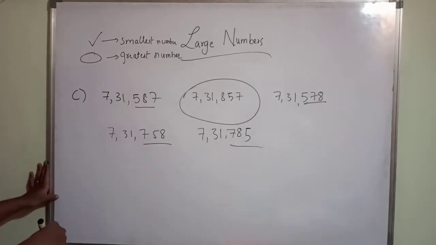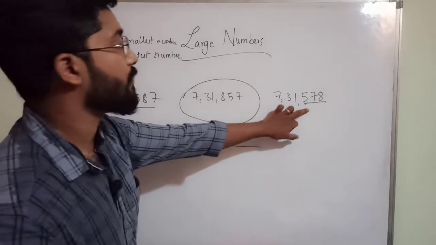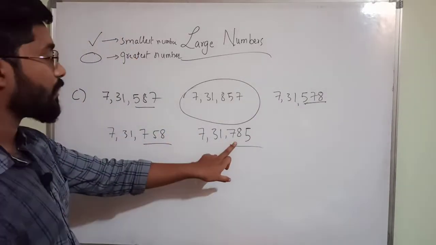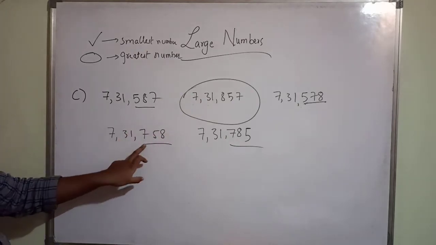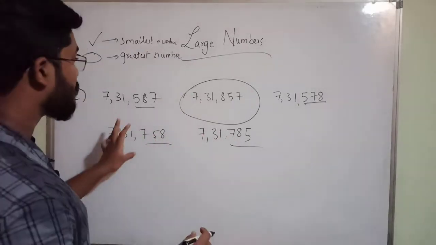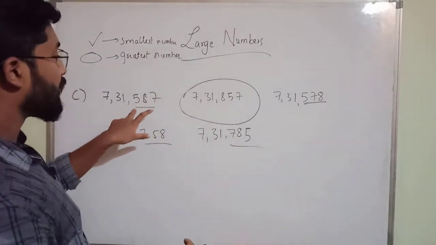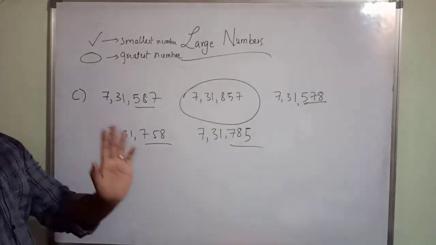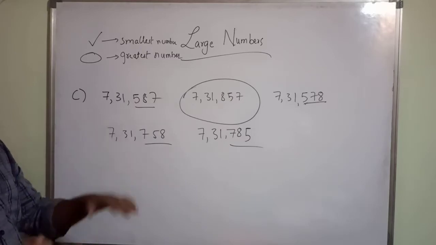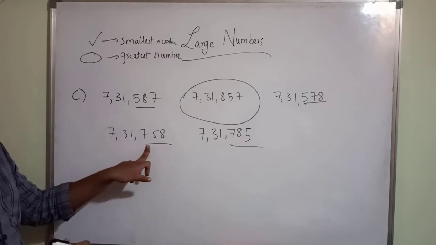What is the least? 587, 578, 758, 785. 758, 785 are not the least, because they are 700 change. But what is the least? 587, 578, because 500 plus some number, 500 change is less than 700.